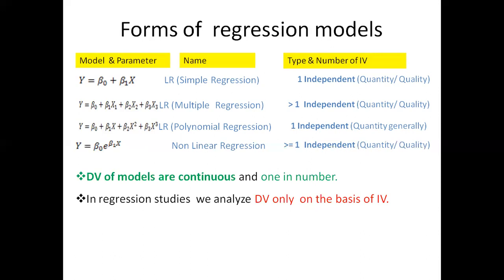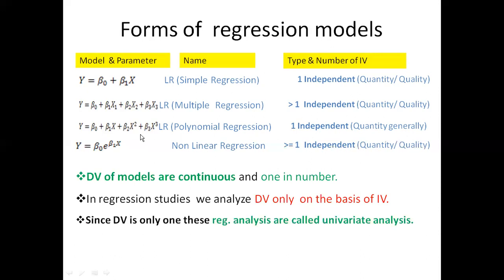Whatever inferences we draw are inferences about the dependent variable. And since the number of dependent variables is 1 in every model, all these analyses are called univariate analysis.